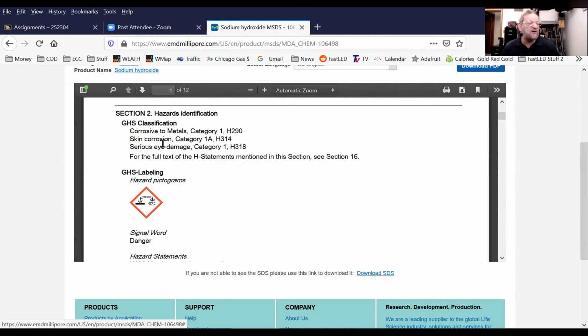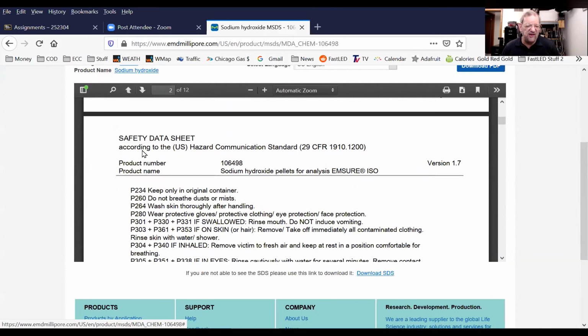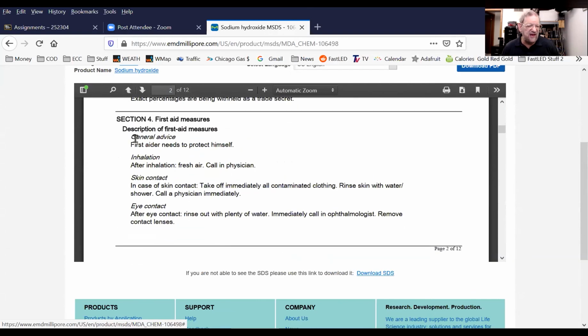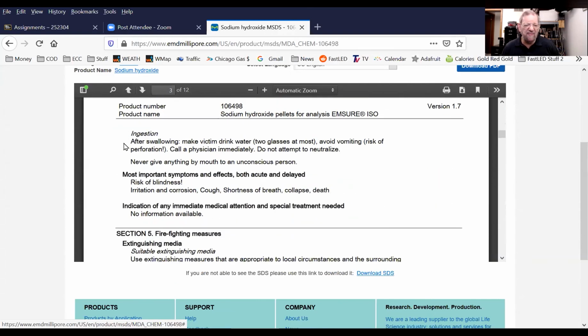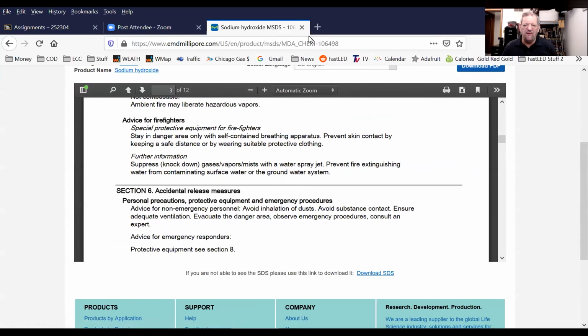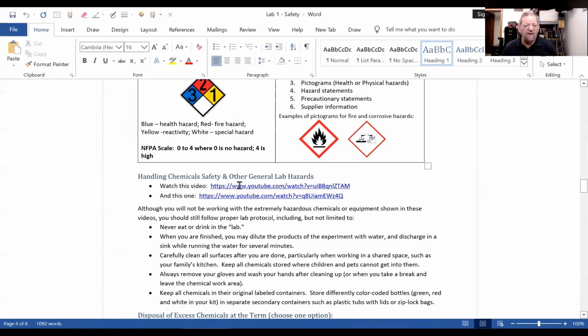Part of today's lab, you're going to have to look up the MSDSs for some of them and find out certain hazard classes. It also has other things like how to store it, composition, first aid, what happens if you eat it, what you should do if you get it on your skin, what you should know, and how flammable it is. These are all important things in the MSDS sheet. What I'm going to ask you to do, I'll show you in a little while.